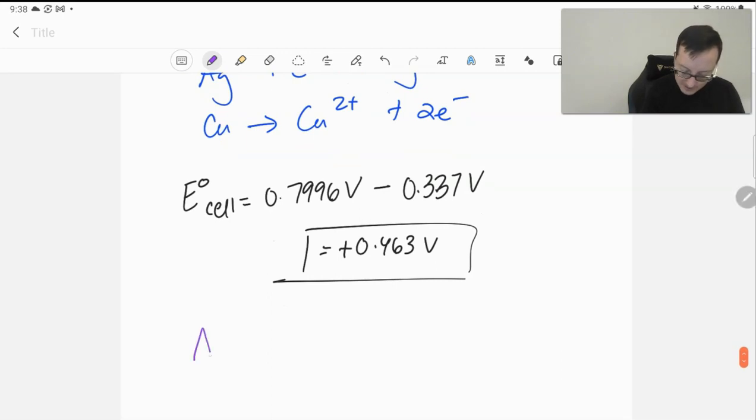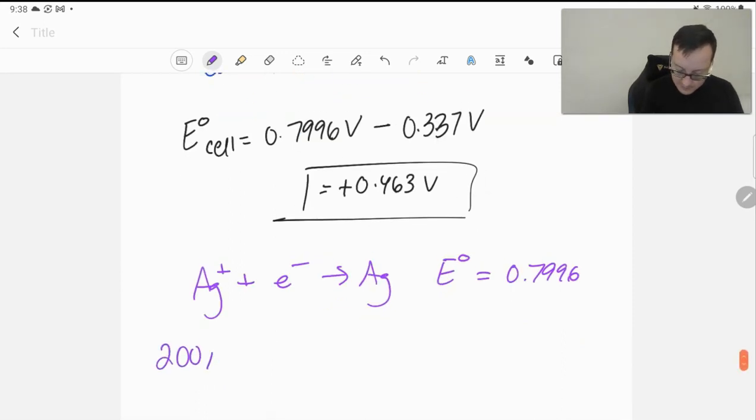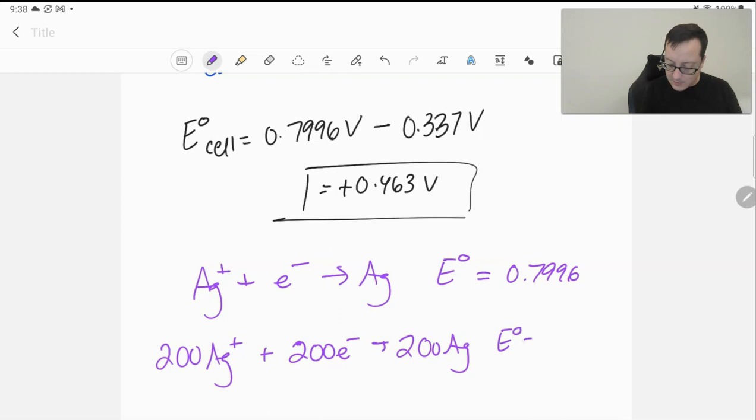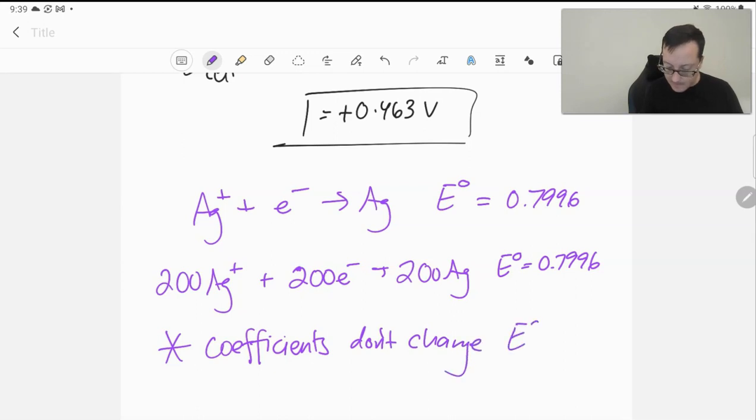So Ag+ plus e- turning into silver has a half cell potential of 0.7996. If we have 200 silver ions plus 200 electrons turning into 200 silver, the potential is still exactly the same. Coefficients do not change the potential. So, lucky us, we don't have to worry about that.